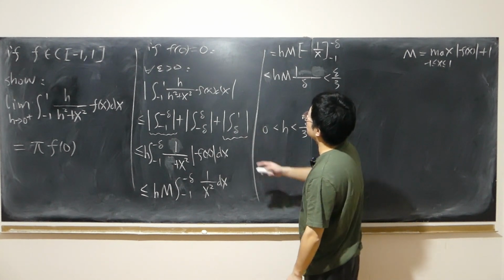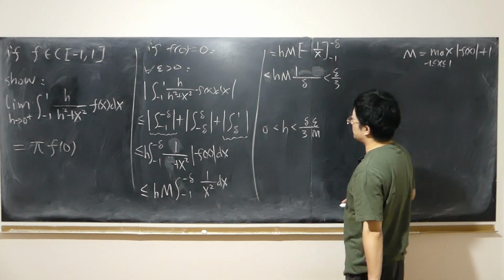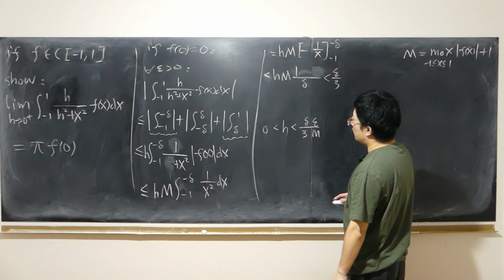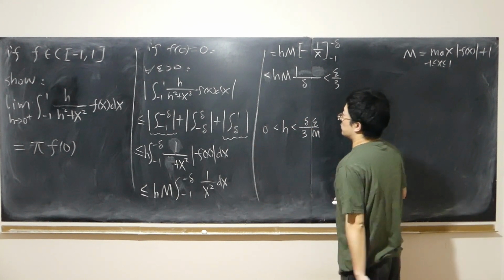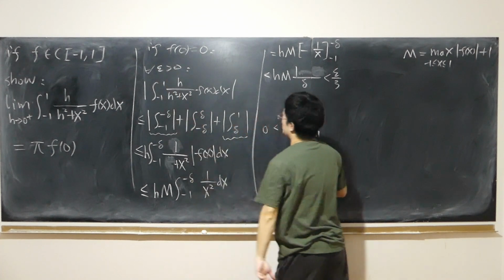Delta bigger than 0. So I say this delta is the delta that, given any epsilon, right? Given this epsilon, for example, once given, I fix it.